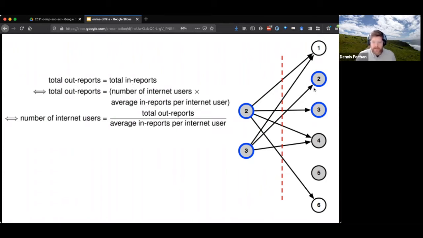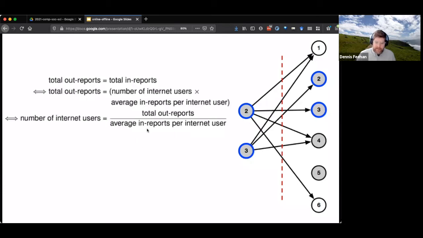One term is the number of internet users, and the other term is the average number of times each internet user gets reported. Then we can rearrange that relationship to solve for the number of internet users. The expression we get says the number of internet users is equal to the total number of out reports about internet users divided by the average number of times each internet user gets reported.